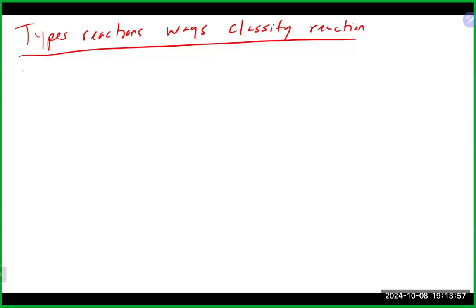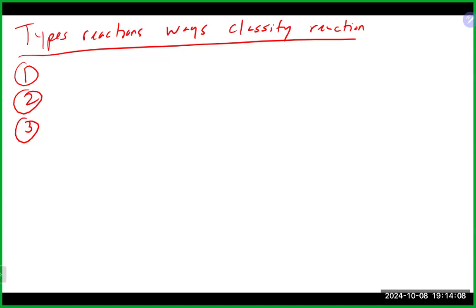What we're going to pick up with right now really is starting to talk about types of reactions and ways to classify reactions. And when we talk about a chemical reaction, there's really three reasons why a chemical reaction takes place. You could pretty much boil down most reactions that you see to one of these three things happening.